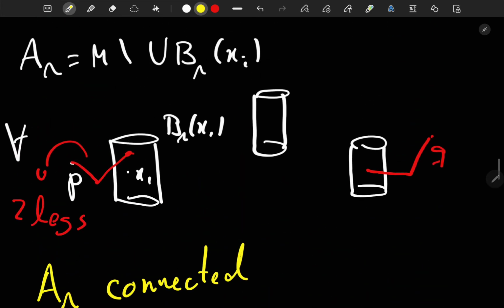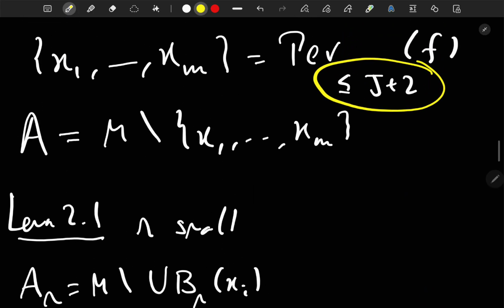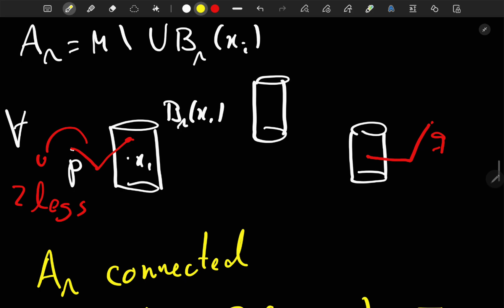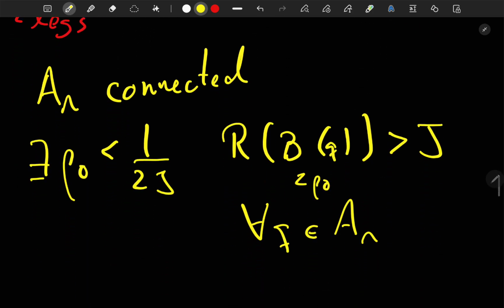It's just because we throw away such points. Okay, this is what Lemma 2.1 says.